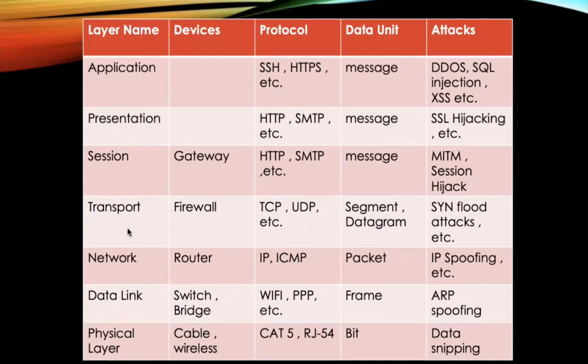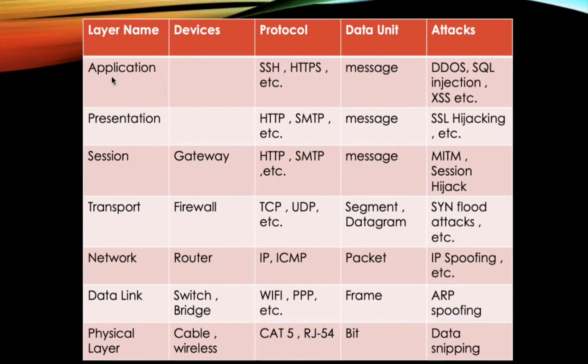They are segmented so that each performs its own assigned function. So we have 7 layers. One is the physical layer, the lowermost layer. We have the data link layer, the network layer, the transport layer, the session layer, the presentation layer, and the application layer.